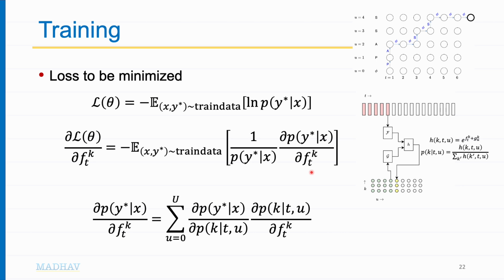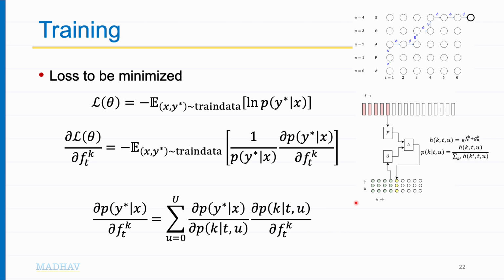So it should be something like this. The derivative of P(y star given X) with respect to F_kt is, if you look here, basically the product of P(k given t comma u) along the whole path, right?